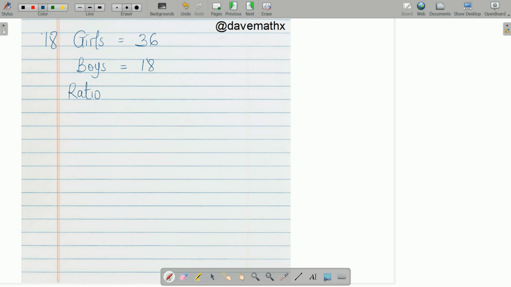The ratio of boys to girls becomes 18 to 36. 18 appears twice in 36. In the end, we arrive at 1:2.